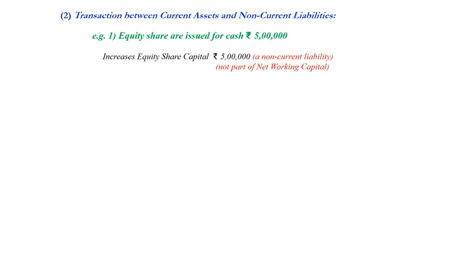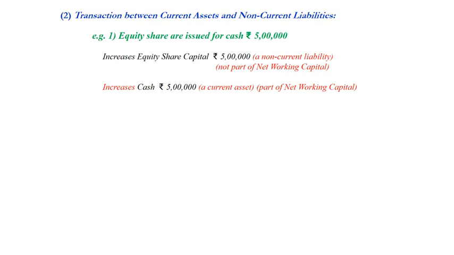Therefore, no change in working capital on this part. So if shares are issued, cash is coming in. Cash is part of current asset. If current asset is getting disturbed, net working capital also gets disturbed. Is it not? So increase in cash leads to increase in current asset.